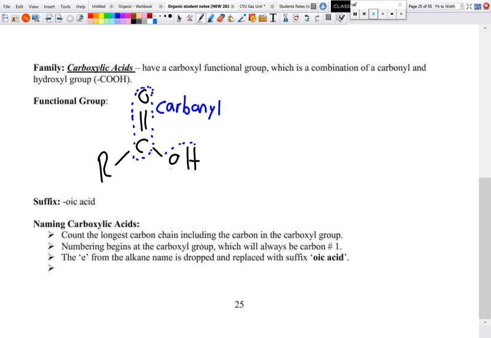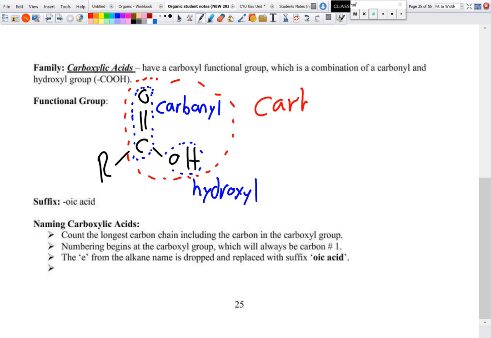And this OH, well, we just learned this one, hydroxyl functional group. But when we have the combination of 2 of them together, so the carbonyl and the hydroxyl, these combine for our carboxyl functional group.